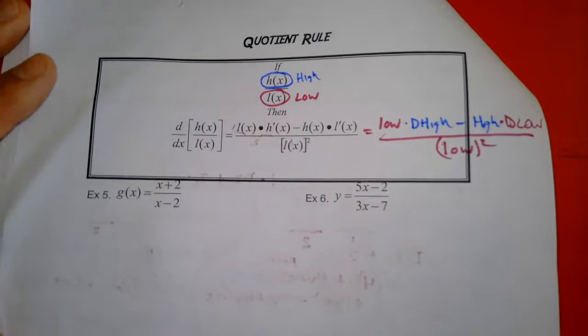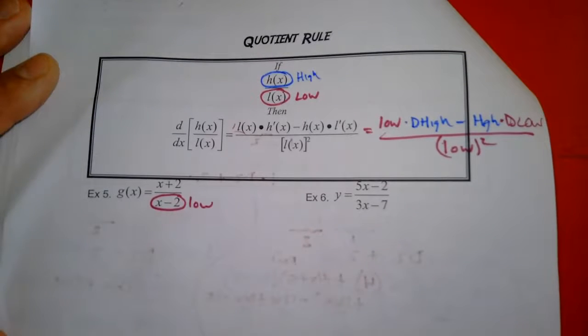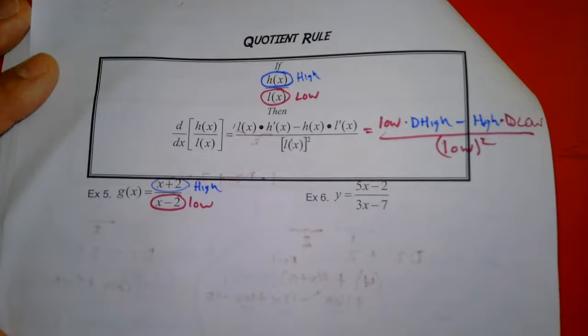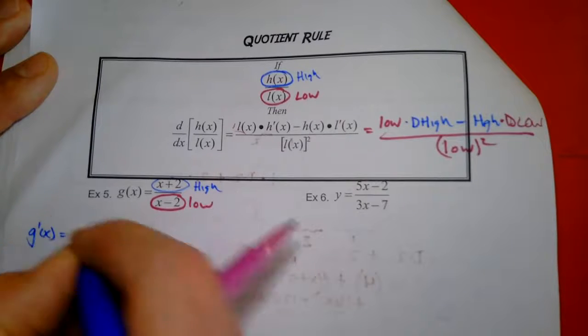Okay? So as I take a look, this is going to be my low one. It's on the bottom. And this is going to be my high one. Okay? And I want to find the derivative of g of x.